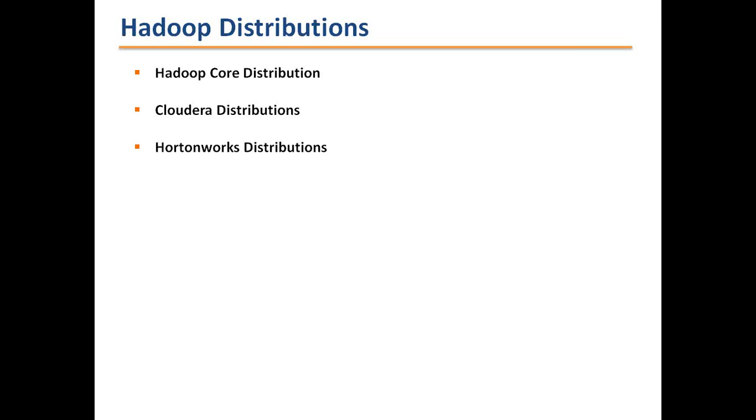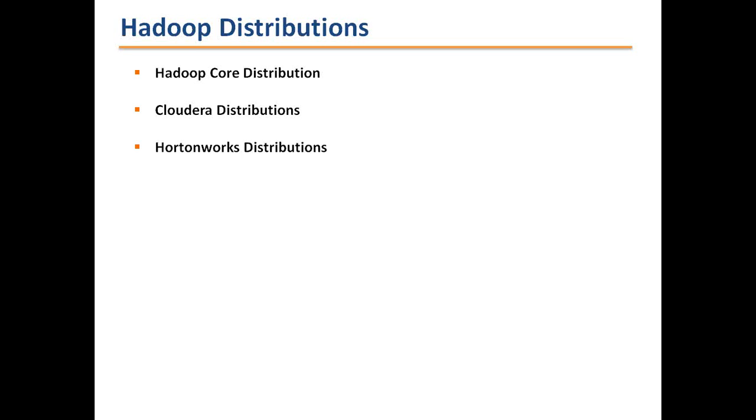But with Hortonworks, if you want to install it, we have a tool called Ambari. Ambari is open source. Using Ambari we can install and monitor, and whatever Cloudera Manager does, we can do with Ambari.